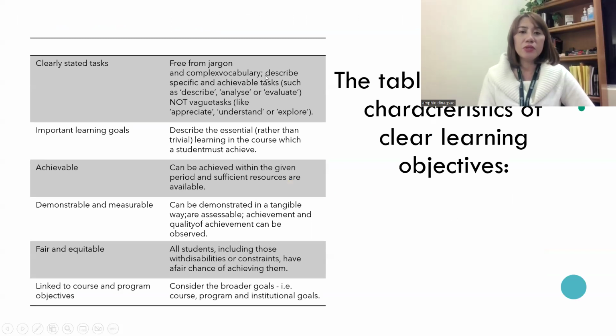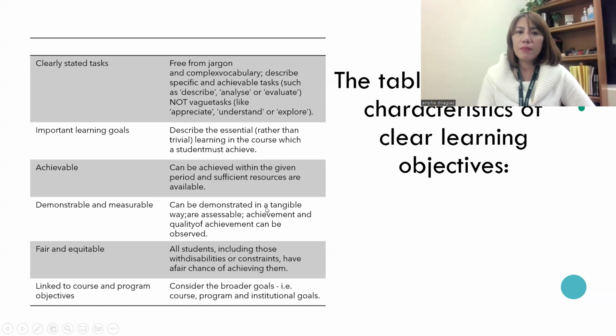So when you look at an instructional objective, the table will help us. Aside from SMART, this will also help you determine whether you already have the characteristics of a clear learning objective: they're free from jargon, they do not have vague tasks, and they only describe the essential. And they can be achieved within the given period, or they can be demonstrated in a tangible way.